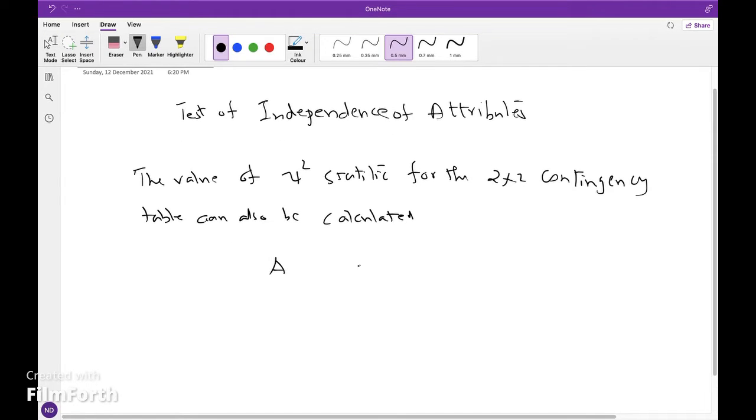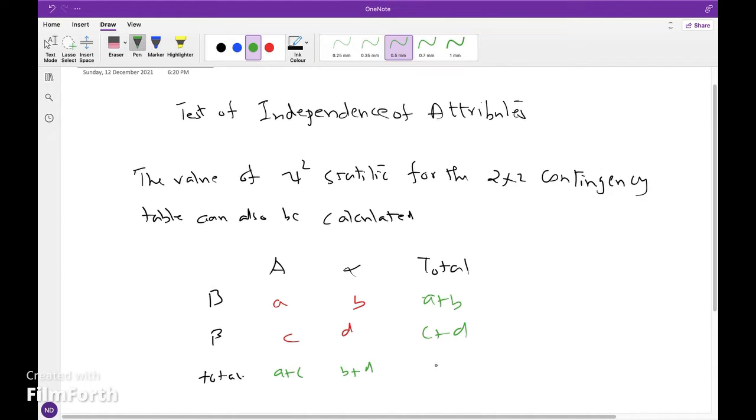Rows: A, alpha, total; B, beta, total. Cells: a, b, c, d. Row totals: a plus b, c plus d. Column totals: a plus c, b plus d. Grand total N.